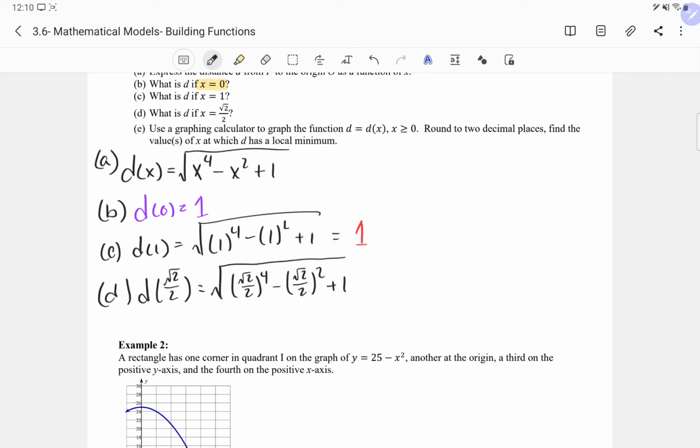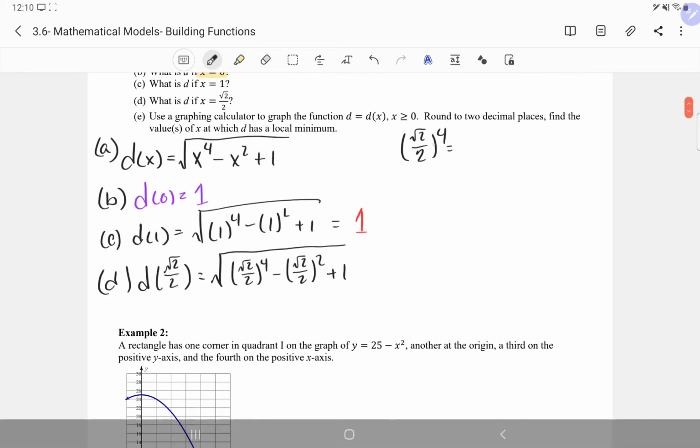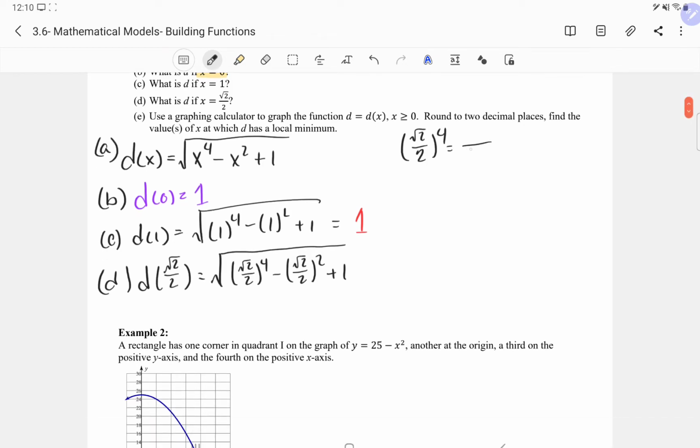The inside here is probably what's going to take the most work if you're not doing it with your calculator. The square root of 2 over 2 to the 4th power: I'm going to simply raise each of those to the 4th power. We'll do the bottom first. 2 to the 4th power is 16. The square root of 2 to the 4th power would be 2 times 2, or 4. So we get 1 over 4.